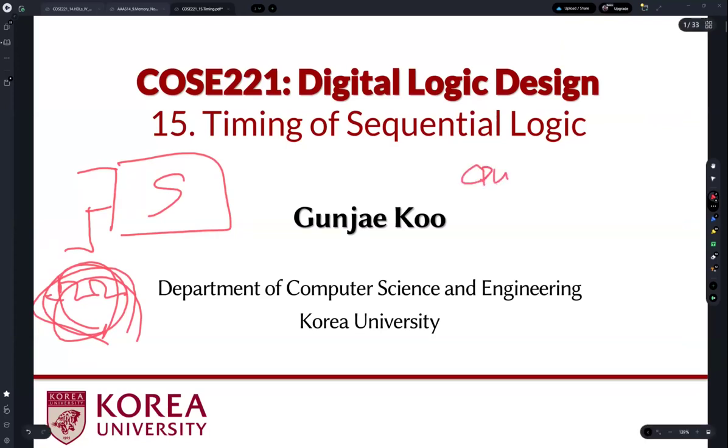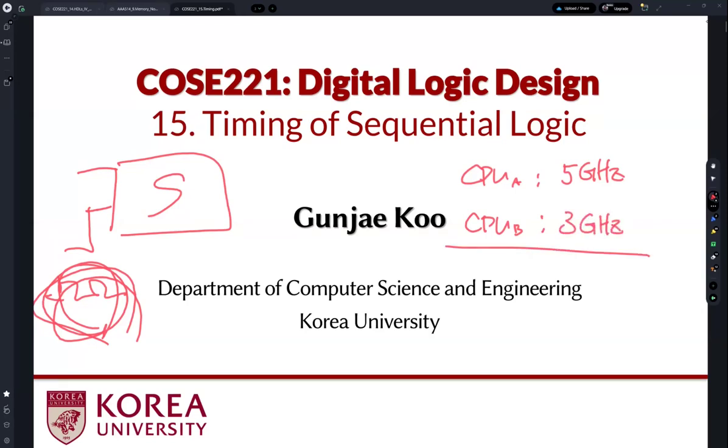So we can simply compare the performance of CPUs using clock frequency. This is CPU A, and this is CPU B. The clock frequency of CPU A is 5 gigahertz, and the clock frequency of CPU B is 3 gigahertz. I said usually, because the performance of computer systems is determined by many factors, so we cannot compare two systems only using clock frequency.